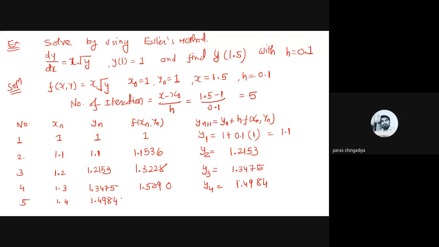Okay, and function value 1.4 square root 1.4984. So it will be 1.7137. Okay, function value.